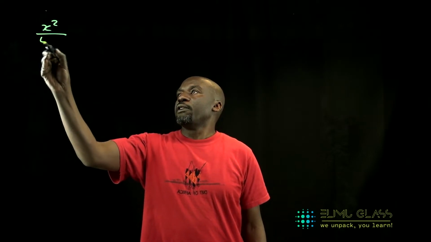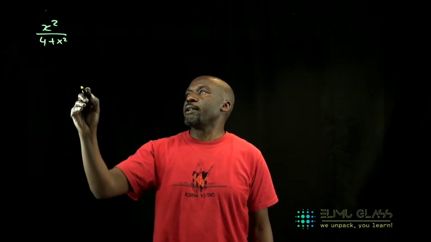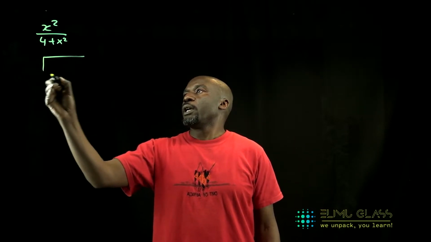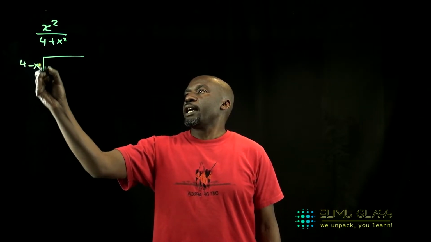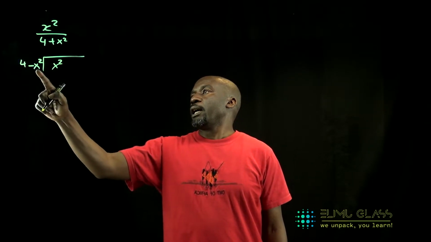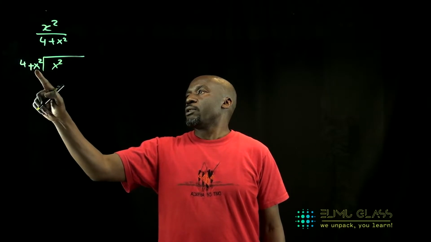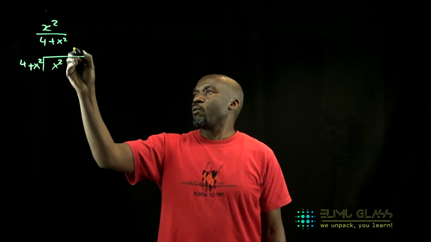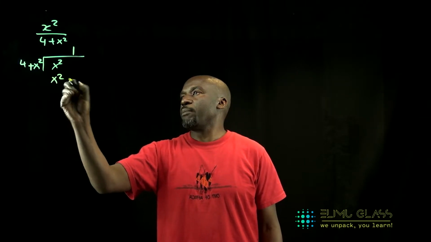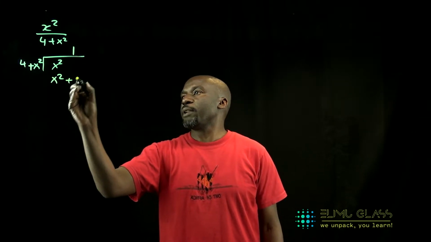So the integrand is x squared over 4 plus x squared. If we divide this like before, x squared goes into x squared once; 1 multiplied back gives me x squared, and multiplying there gives me plus 4.